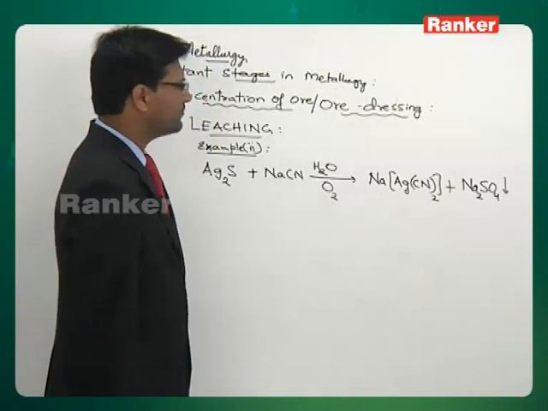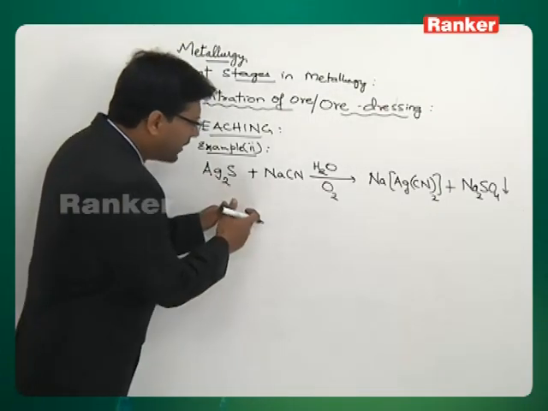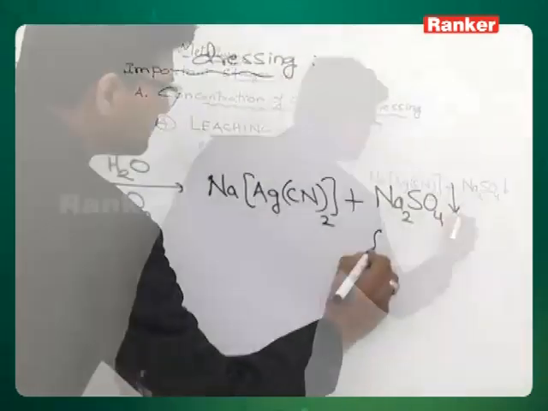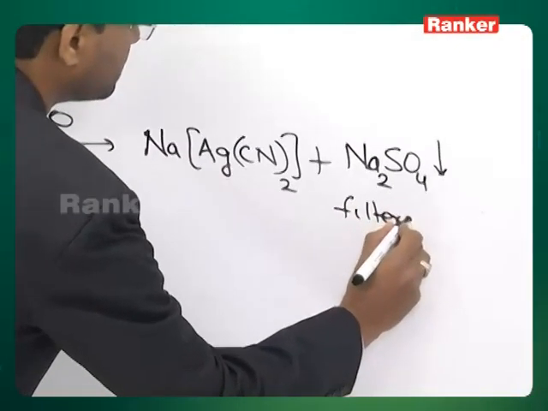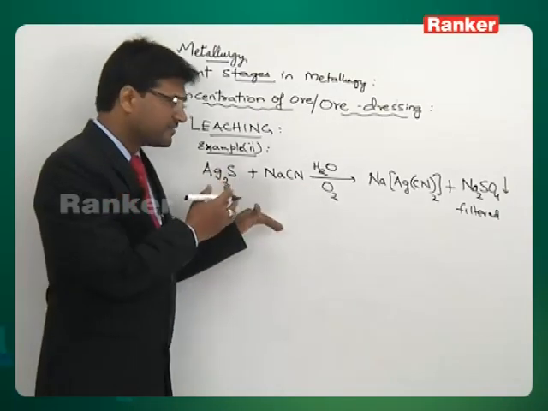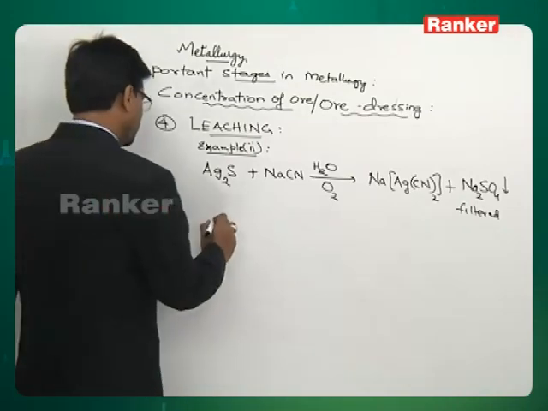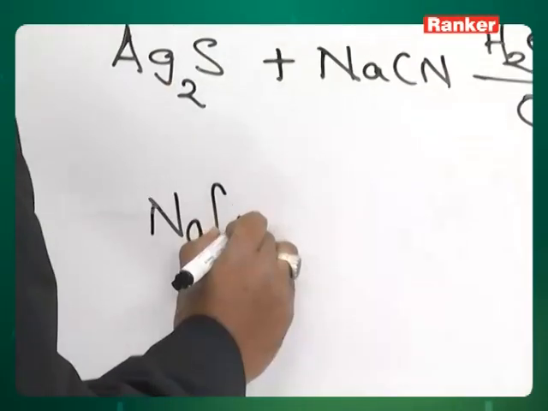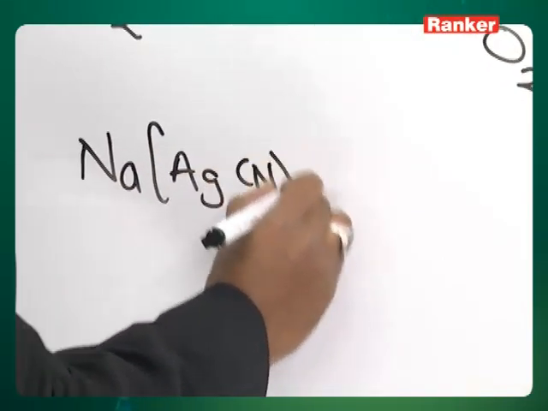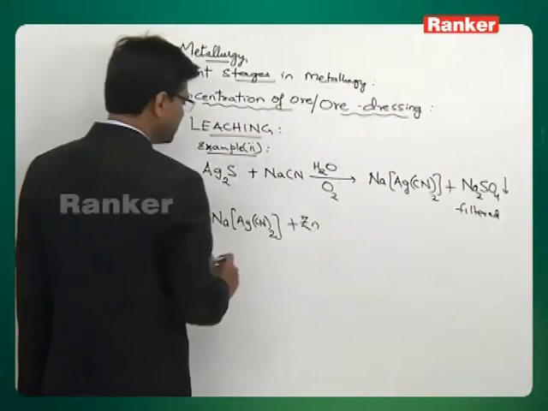From this, silver can be obtained by metal displacement reaction. Only this part, this is filtered out. Only this part, remember, is the leaching process. After this, Na[Ag(CN)2] is made to react with zinc.